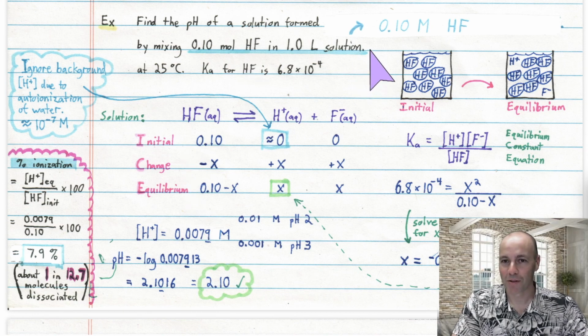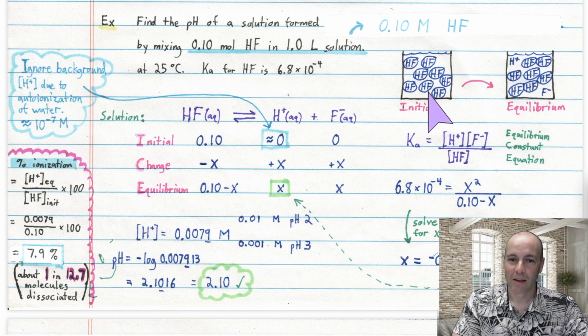First, our picture looks something like this. The 0.1 molarity of hydrofluoric acid that you mix at the beginning, suppose the molecules haven't had enough time yet to dissociate. So as soon as you put it in the solution, there they all are. So that's what you have at the beginning.